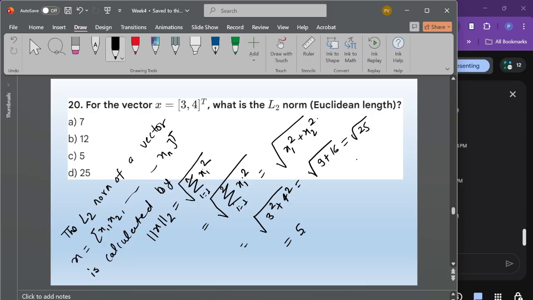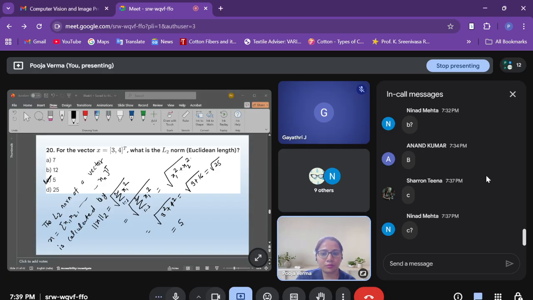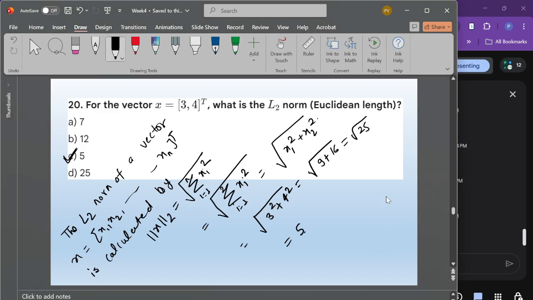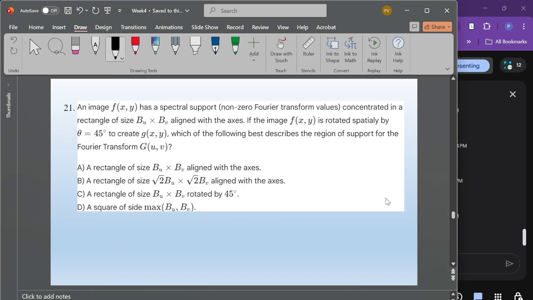So the L2 norm of the given vector is 5. Option C is the correct answer for this question. Yeah, option C is the correct answer. Okay, now moving to our next question.